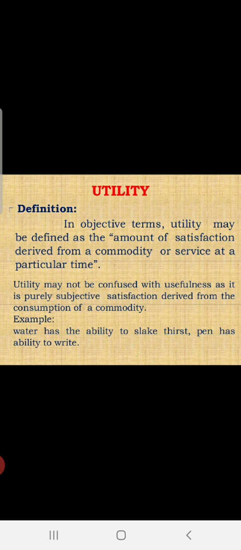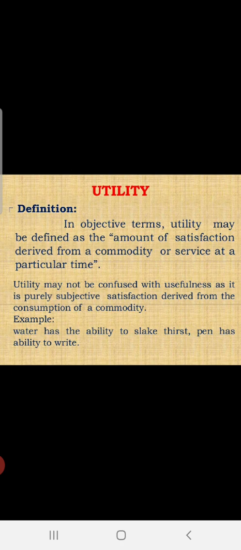Utility is the want satisfying power. That satisfaction might be right or wrong, it doesn't matter, and usefulness is just thinking about the benefits. Whatever the commodity possesses, the utility may not be useful for your life or health, but it possesses utility. Whether the utility is good or bad, you don't think about it, and it is different from usefulness.